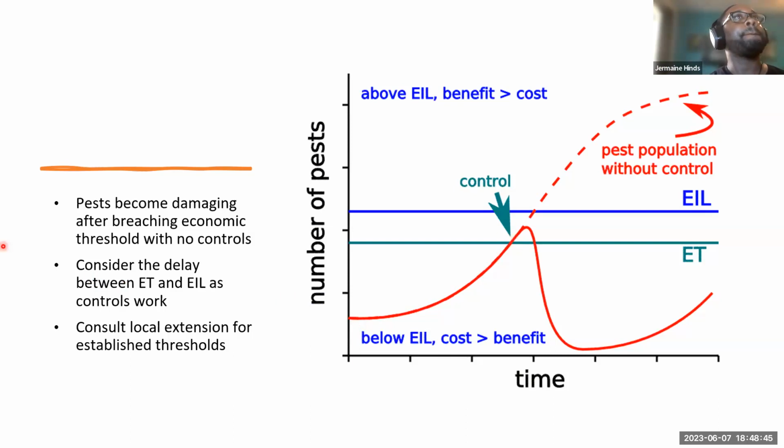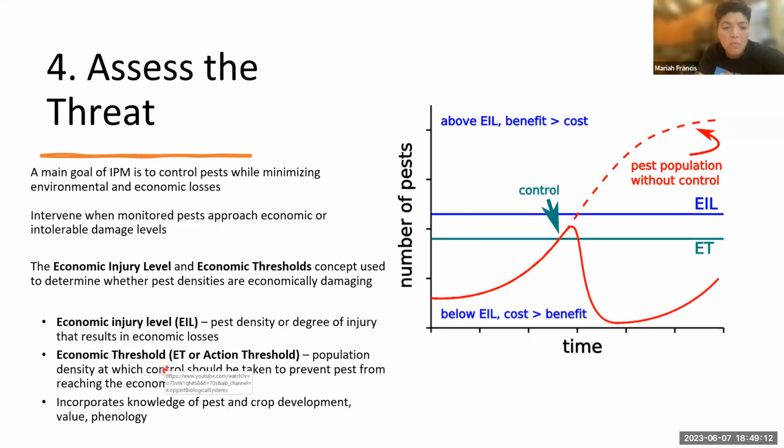Because I'm sitting here struggling to understand something about this graph. So I do understand the EIL is really bad, right? Once you start getting above the EIL, there's something that needs to be amended, because essentially you're losing money and it's costing more money to control the pest problem. And then you have the ET, could you go back to the former slide with the graph on it with just definitions, just so I can make sure that I'm right.